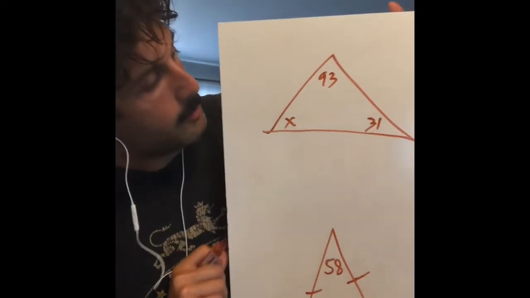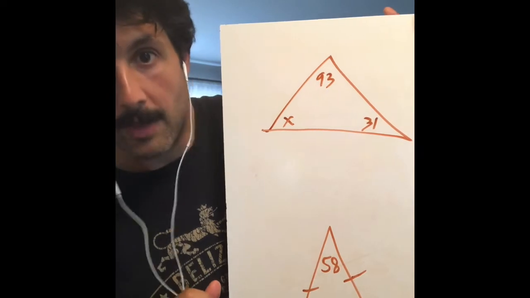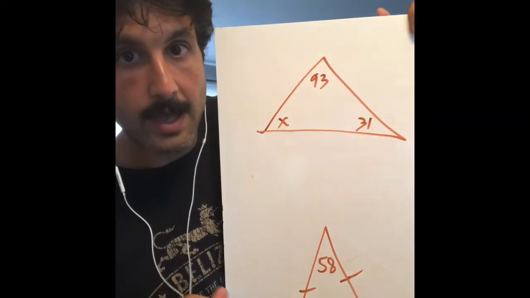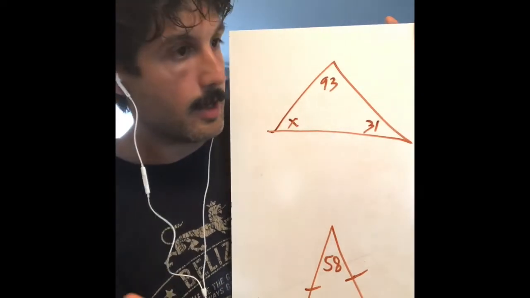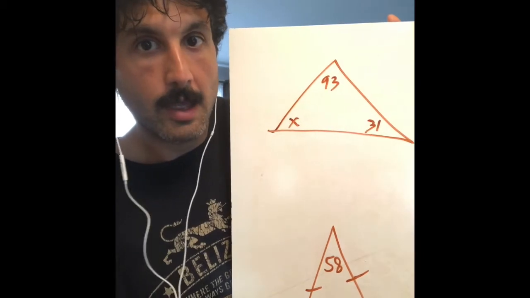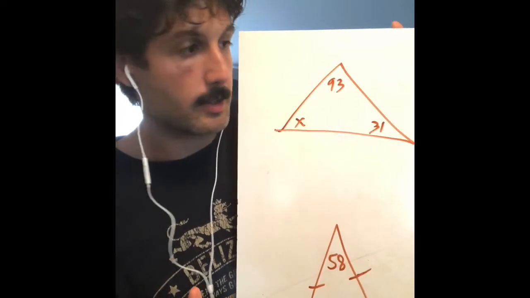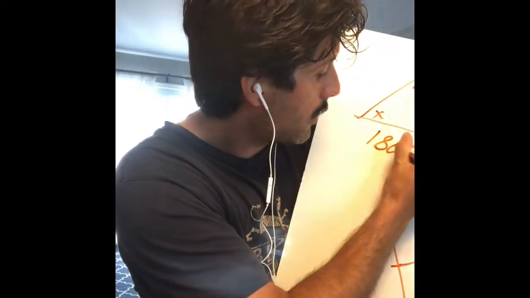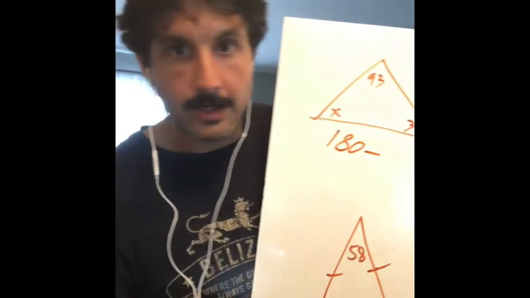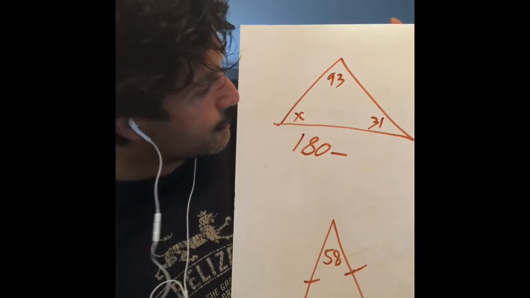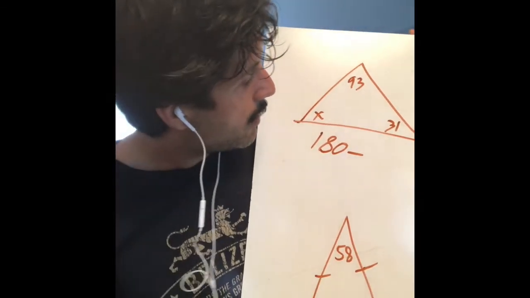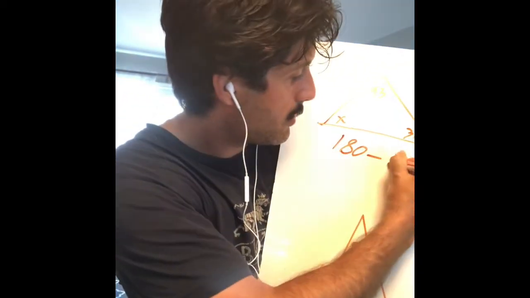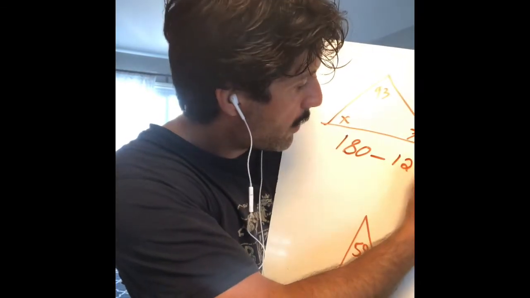Here's our first example. We have 93, we have 31, and we have x. Now, we have to add up those angles and then see what's missing from 180. So let's do that. 180 minus, we have a 93 and a 31. So that is 124.